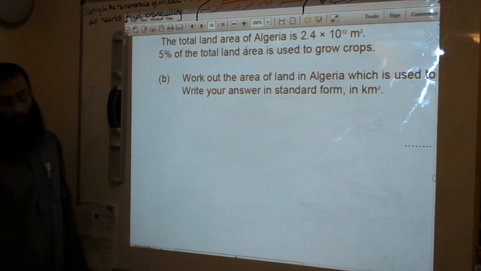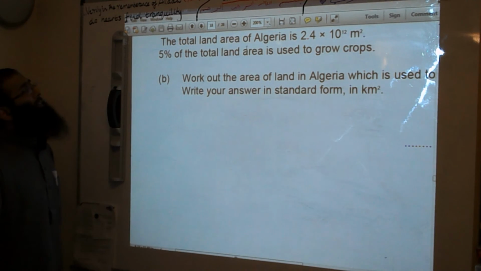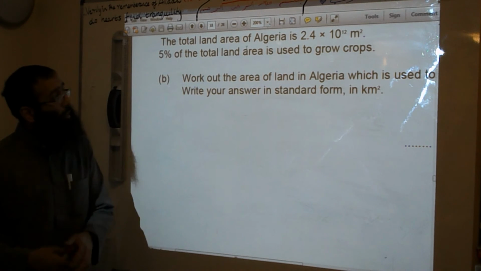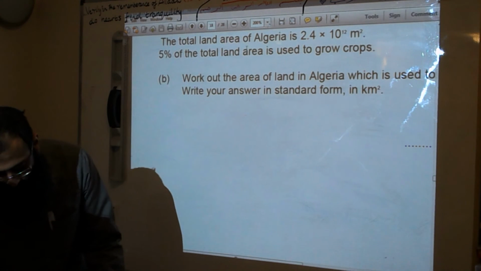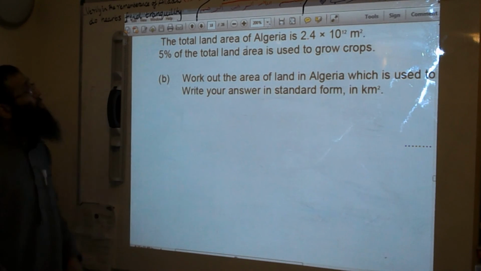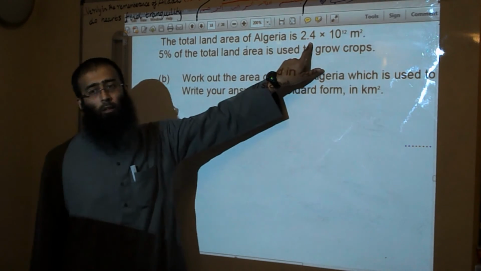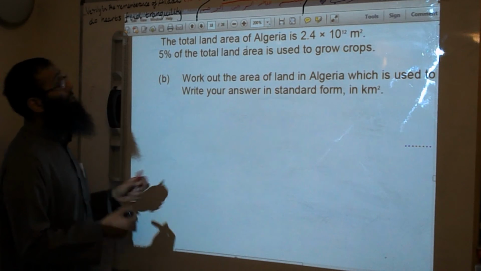Okay, the total land area of Algeria is 2.4 times 10 to the power of 12 meters squared. 5% of the total land area is used to grow crops. Work out the area of land in Algeria which is used to grow crops. So we have to work out 5% of that.